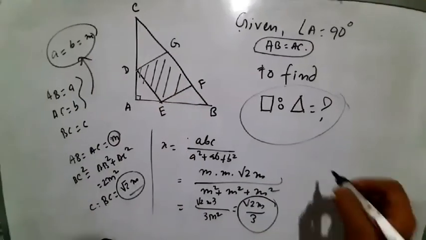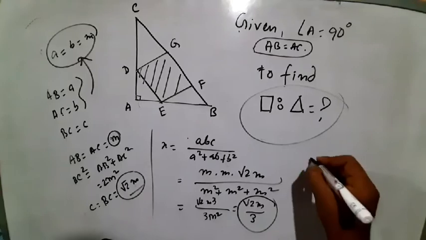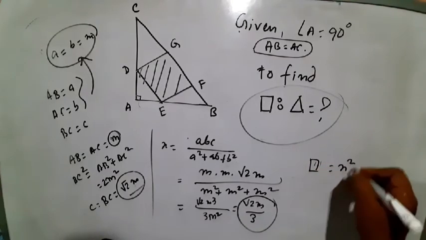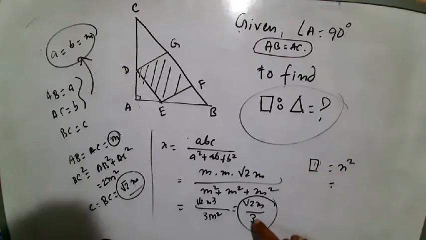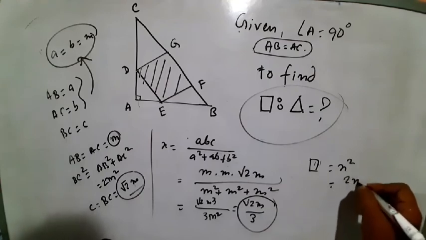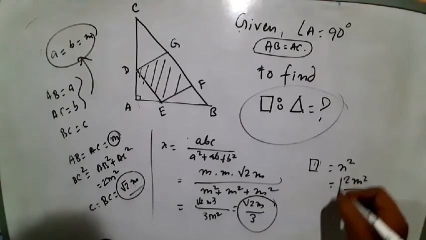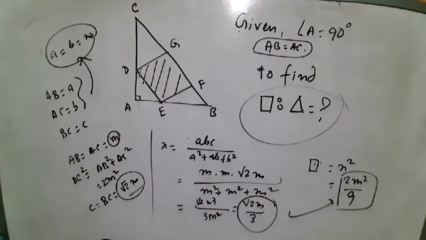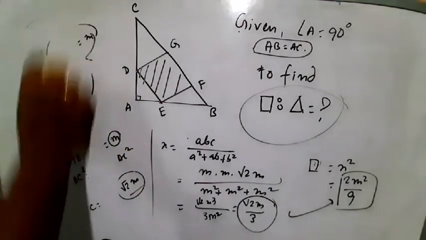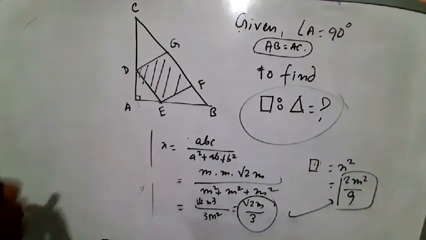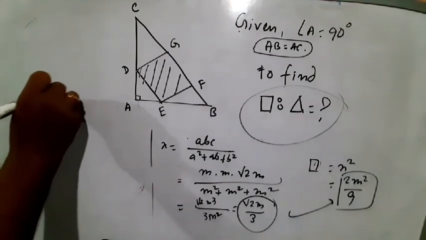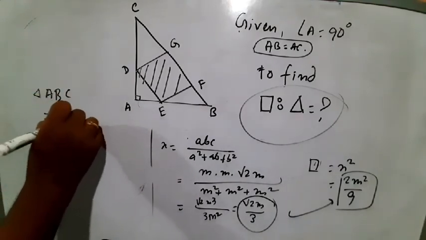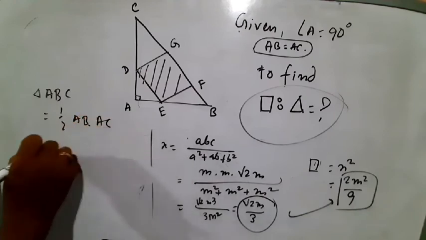So the area of the square, x square, equals the square of this, 2m square by 9. Clear? And what is the area of the triangle ABC? Half into AB into AC.